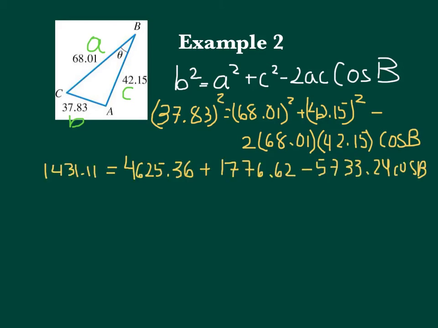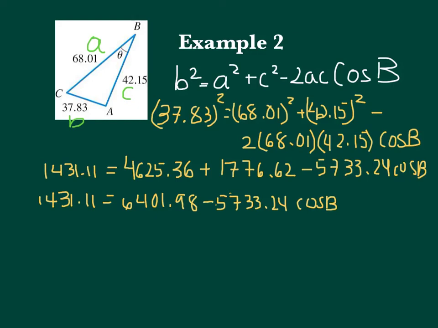I've now used the calculator to simplify 37.83 squared, 68.01 squared, and 42.15 squared. I've also combined the 2 times 68.01 times 42.15 right here and left my cosine of b. In this step, I combined these two numbers together, I added them together to get 6,401.98.